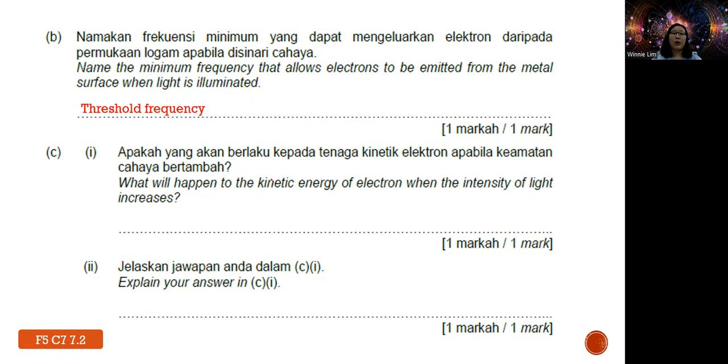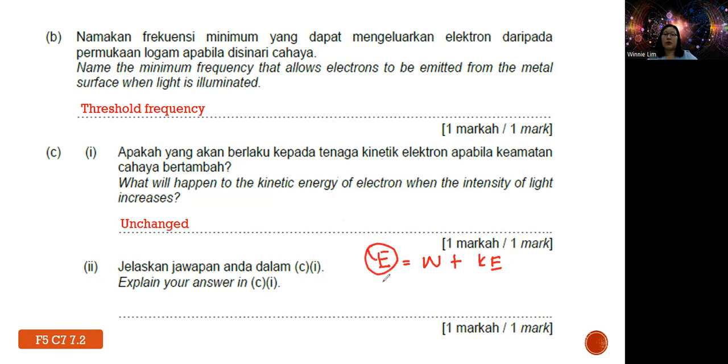Now, C1, what will happen to the kinetic energy of the electron when the intensity of light increases? For this case, it will be unchanged because the intensity of light will not affect the kinetic energy of the electron. From Einstein's photoelectric equation, you will notice this relationship, whereby the photon energy is equivalent to the work function plus the kinetic energy.